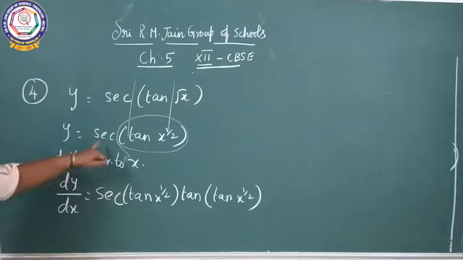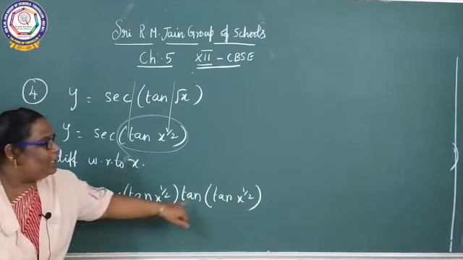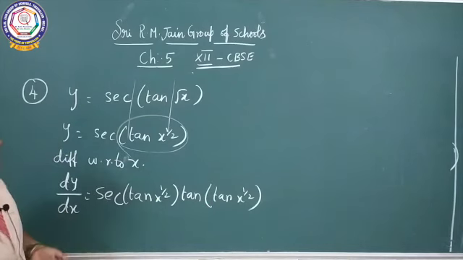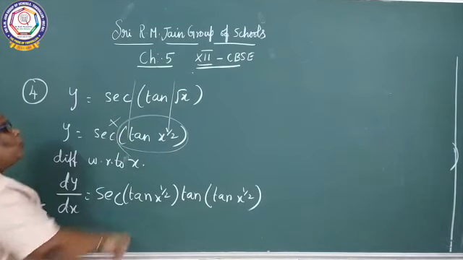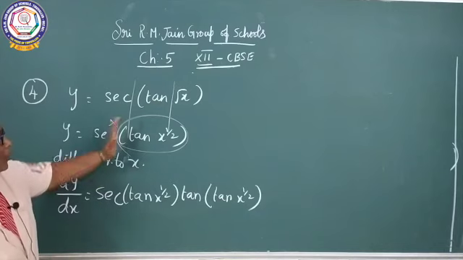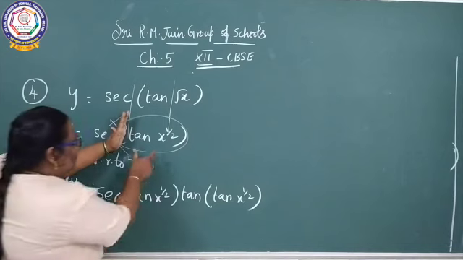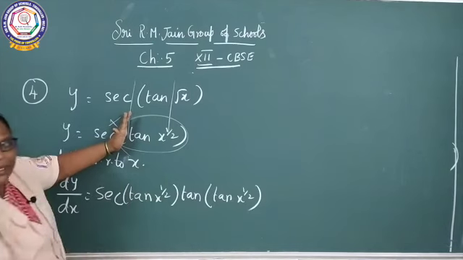Are we clear? So the secant part is over. Then you neglect this term and concentrate only on tan x power 1 by 2.